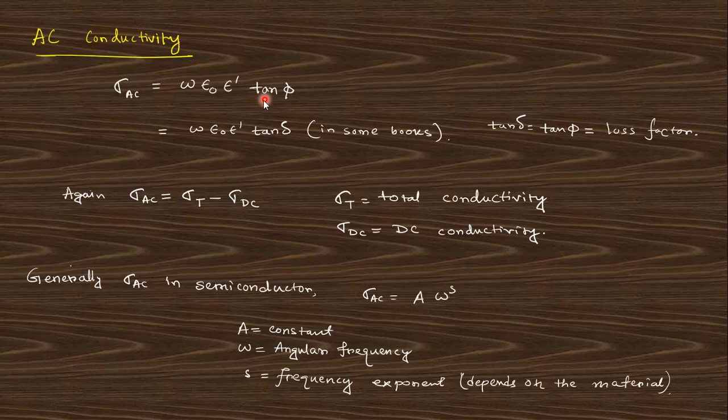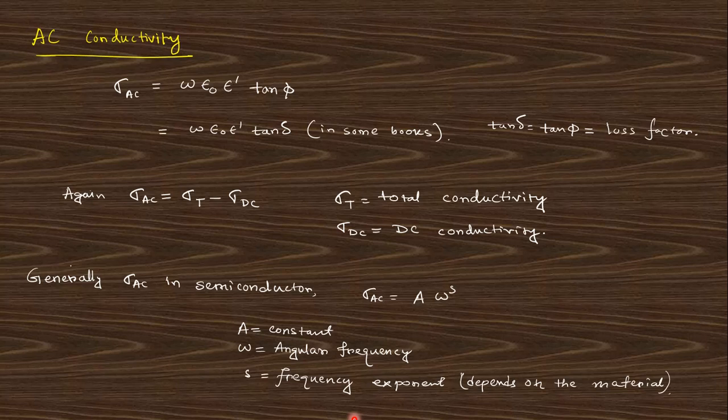We take this relation here only. Sometimes this is called the tangent factor, loss factor, tan delta, and from the conductance you can get the conductivity. So the AC conductivity is nothing but the total conductivity minus the DC conductivity, and in the case of a semiconductor it depends like that: A omega to the power s, where omega is the angular frequency, A is a constant, and s is the frequency exponent, which depends on the material.